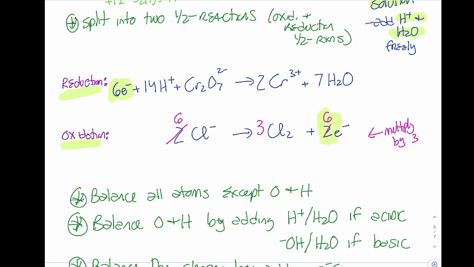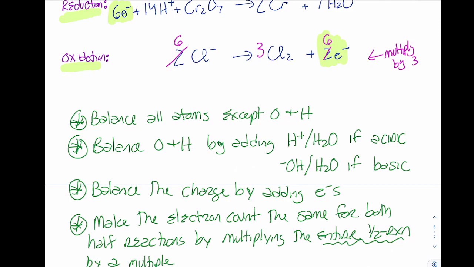My electrons are always going to be on the product side, right? It's something I'm producing. So always check that. If you end up with your electrons on both sides, if it's on the reactant side for both half reactions or on the product side for both half reactions, you goofed up somewhere. They can't both gain them. They can't both lose them, right? One has to gain, the other has to lose. So they should be on opposite sides when you add those electrons.